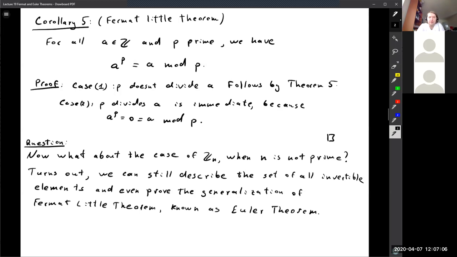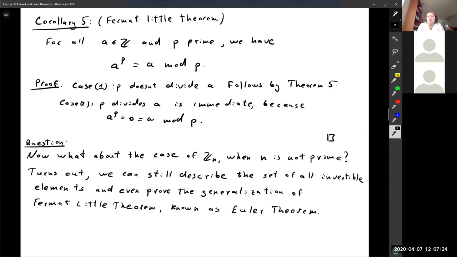So what we already know in the case of Z_n is the subset of zero divisors. One of the theorems we proved earlier today tells us that elements of Z_n are zero divisors if and only if they are not coprime with n.